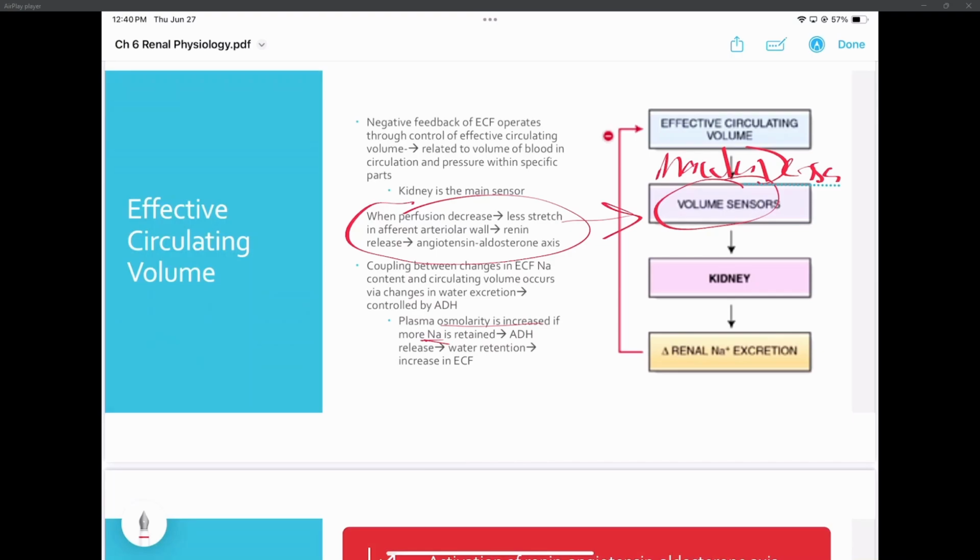ADH, causing water retention, which will increase our extracellular fluid, which is going to dilute out that sodium. So when we're talking about concentrations with regards to urine, remember it's the concentration of the solute, not the number of solutes. It's always the concentration that changes.